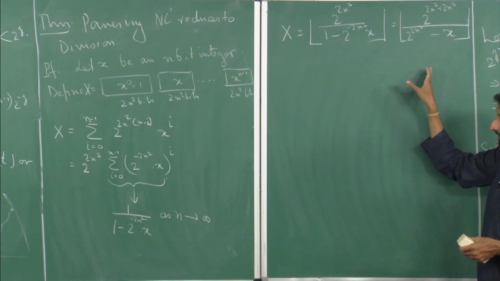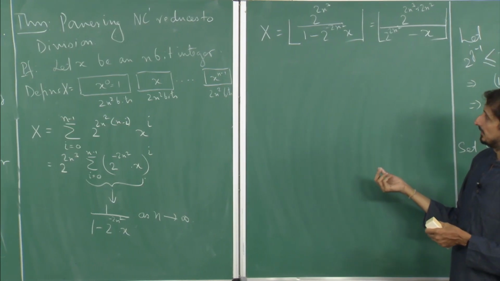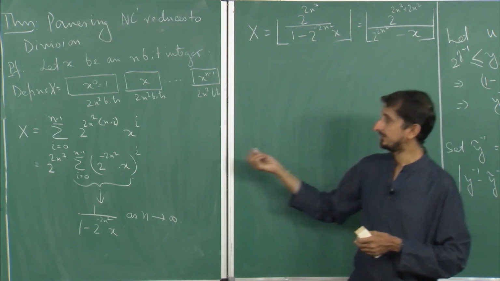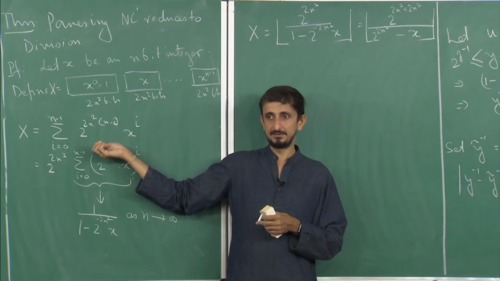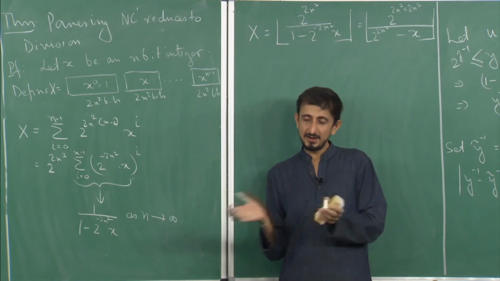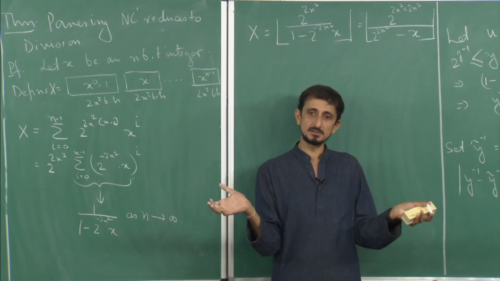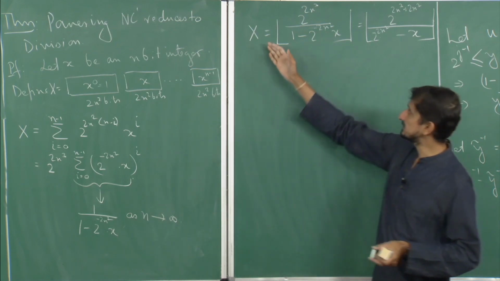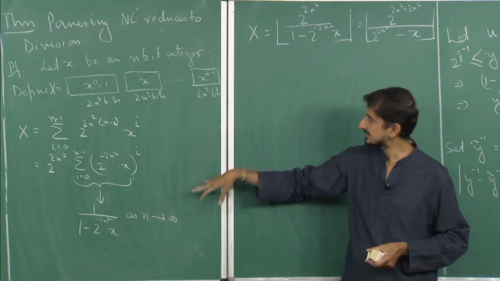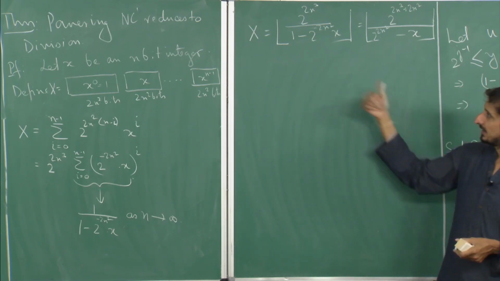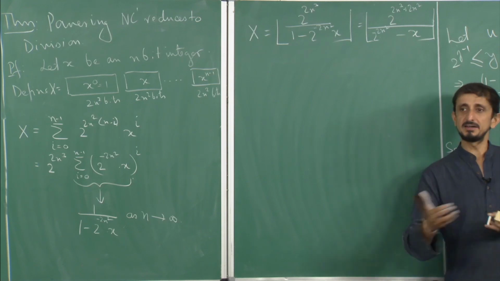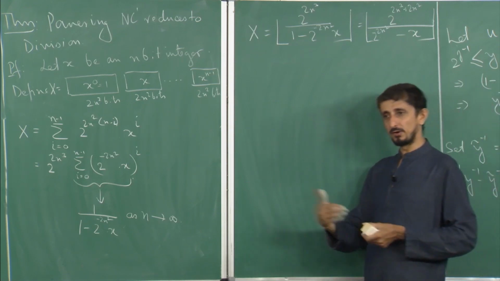Observe that this quantity that I am computing here is greater than the actual value of x, because I am taking some additional terms. But those additional terms are not contributing much, because x ultimately is an integer. If I take the floor, that will give me the value of x.